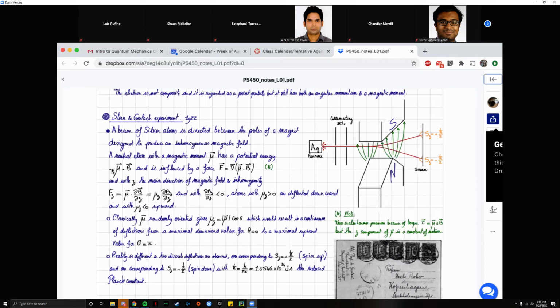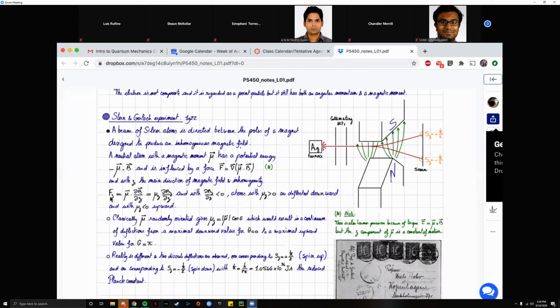But since the potential energy is minus mu dot B, then the force is just the gradient of mu dot B. Of course the value of the magnetic moment does not depend on position, but since the magnetic field in the gap is not uniform, there is a dependence on position here.